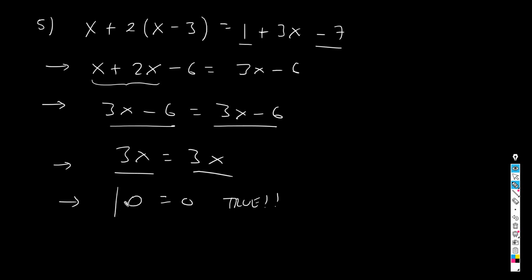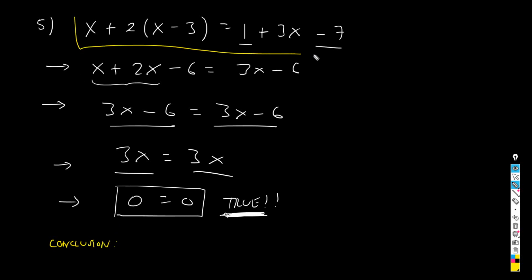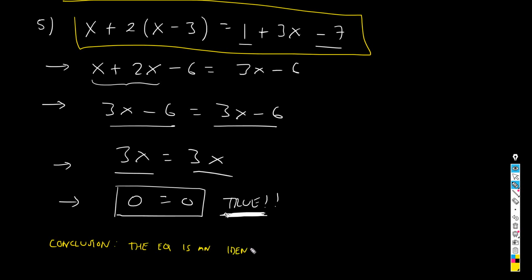So when you arrive at something that is always true, then the conclusion is this. Conclusion: the equation that you started with is an identity.